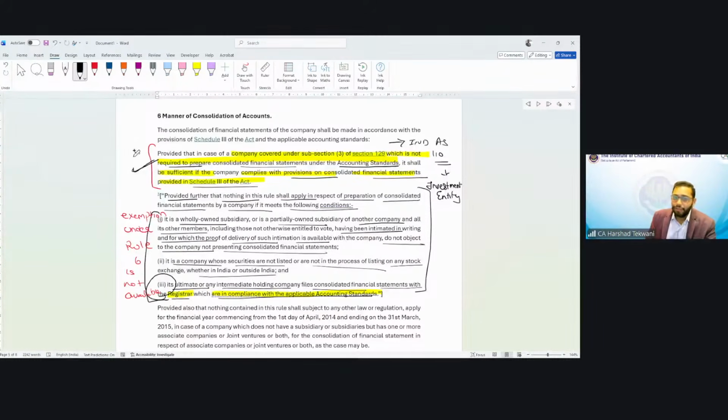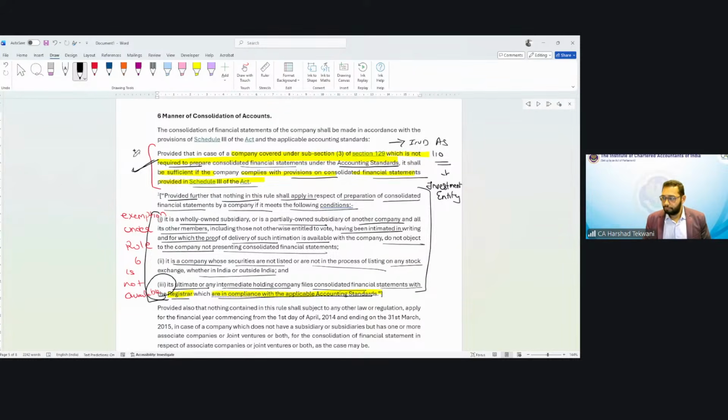Then the subsequent exemption is given under the Companies Act. That means if you are not able to comply with the exemption in the Ind AS, still some exemption is given under the Companies Act and Rule 6. So I may check for that. But if I'm getting an exemption already under Ind AS 110, why check for another exemption?